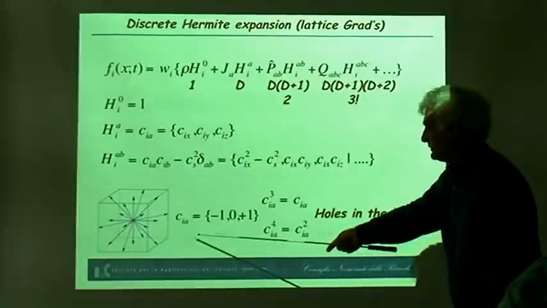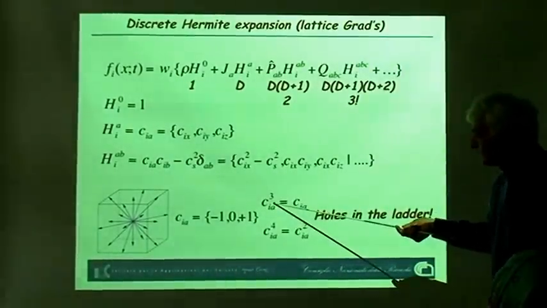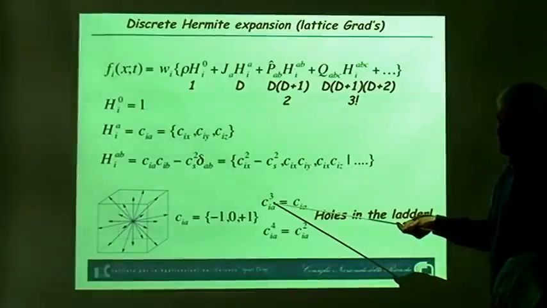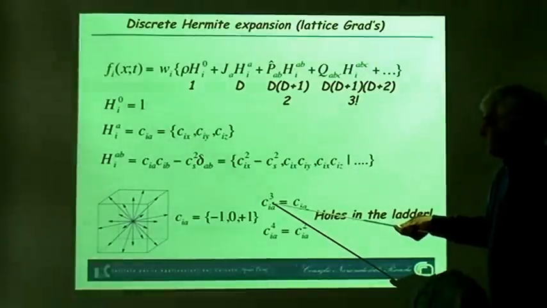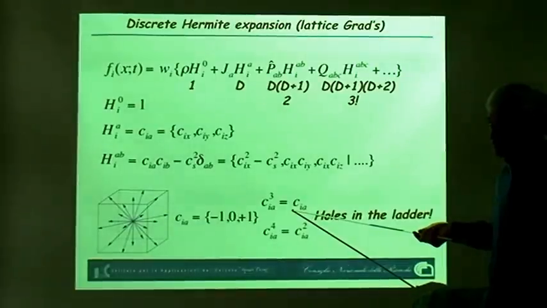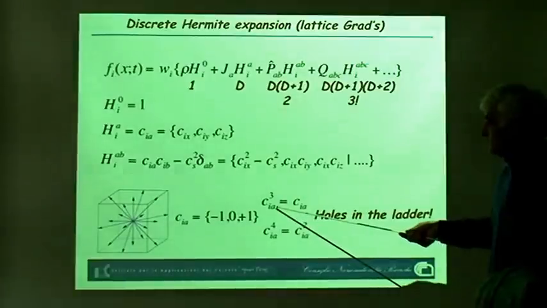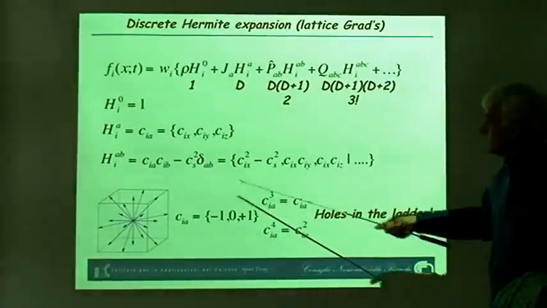Now look at this expression. If I work on this lattice, the lattice analog of V cube is dominant, because Ci cube is just Ci. -1 cube is just -1. 0 cube is 0, and 1 cube is 1. So there is a linear dependence in this.